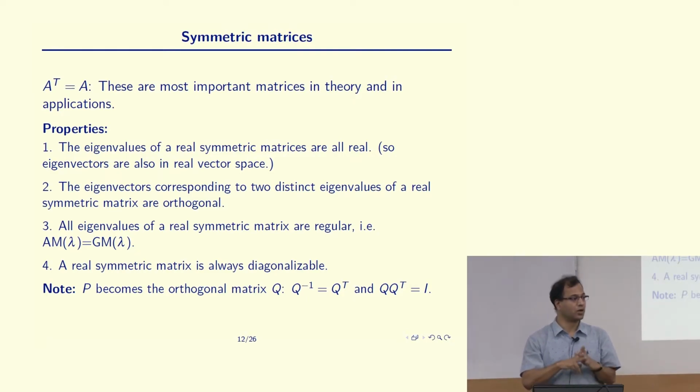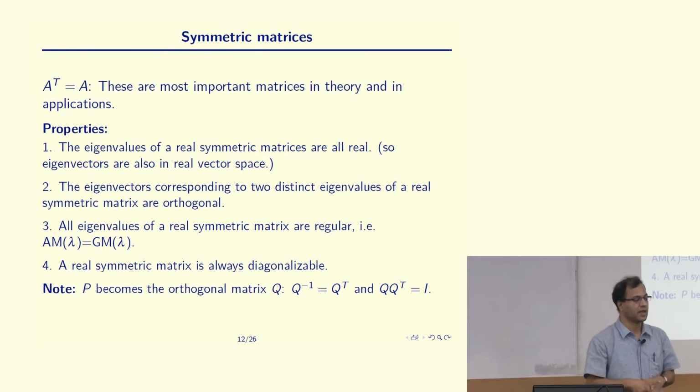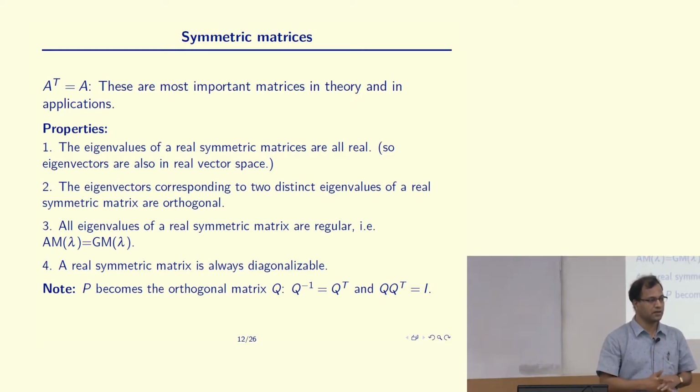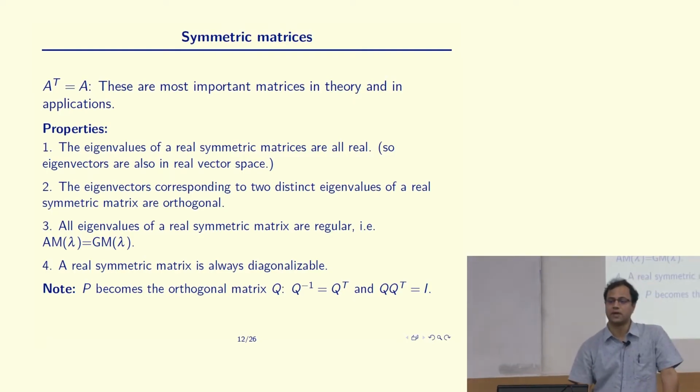If we consider a symmetric matrix and two distinct eigenvalues, the corresponding eigenvectors will be orthogonal. And we have seen how nicely we can compute the projection and other things using an orthogonal set of vectors. So these properties you please try yourself.